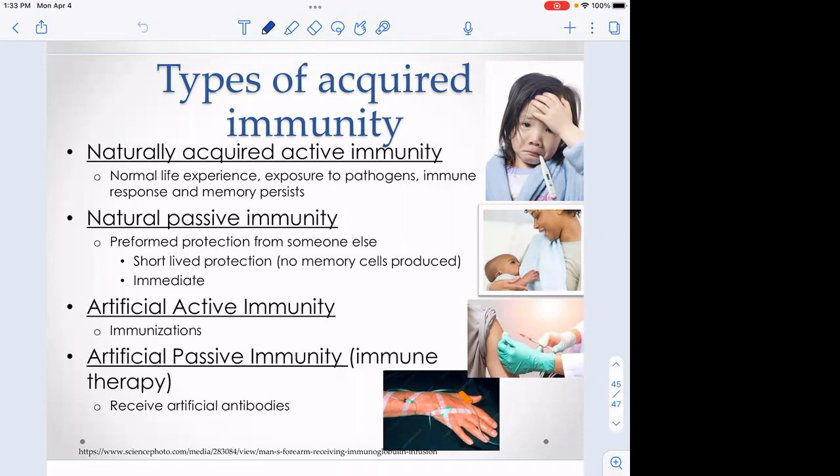We either say we acquire it naturally or artificially. What's the difference? I always ask myself, is this a way I could have acquired immunity 500 years ago? If the answer is yes, then we'll call it natural. If it's artificial, then it's going to involve some kind of technology, like a syringe, for example.